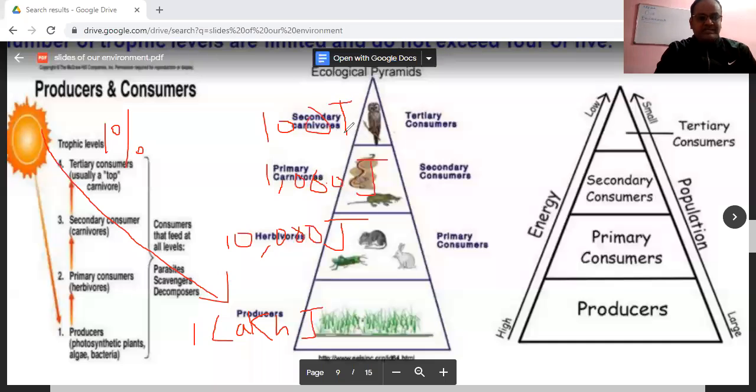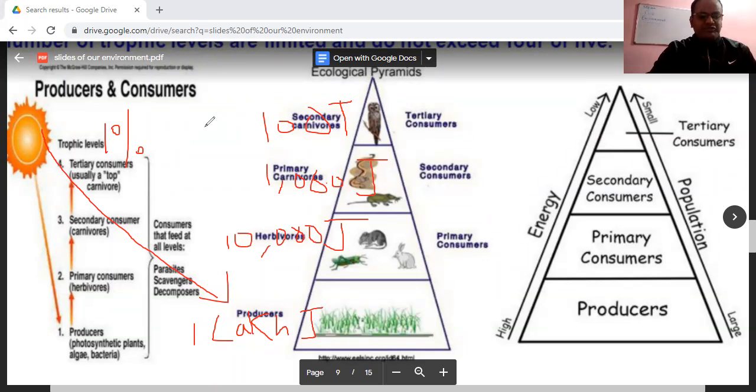Good. So from this very image, you can see, and overall we will be rediscussing this one. Total from solar energy, from the sun, the producer is capturing only 1% of the energy.